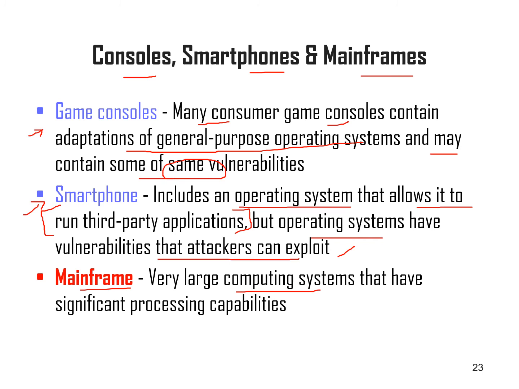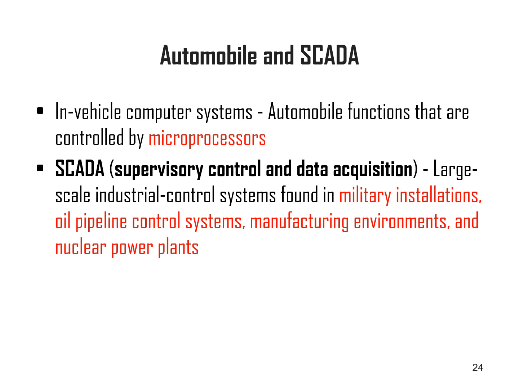Mainframes are very large computing systems that have significant processing capabilities. You all know what is meant by mainframe. Every system has its own vulnerability. For example, in smartphones, we run a number of third-party applications that will exploit vulnerabilities. Then automobile and SCADA.